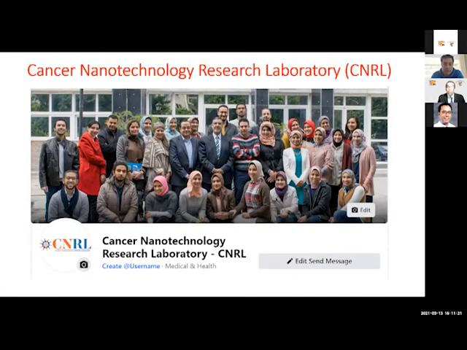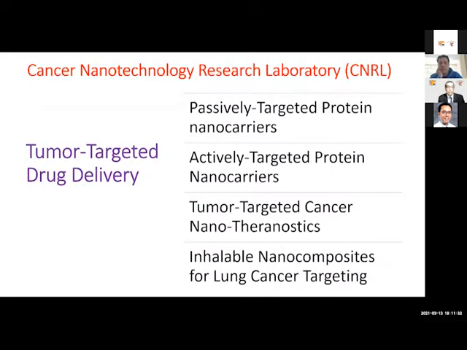I'll just talk in a few minutes about our laboratory in Egypt, the Cancer Nanotechnology Laboratory, which we established in 2014. We are working with different types of tumor-targeted drug delivery nanomedicine, including passive targeting and active targeting.